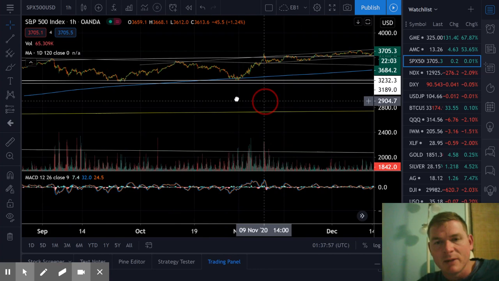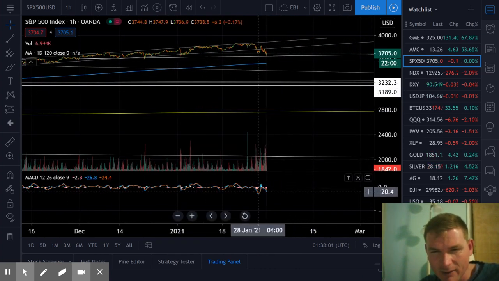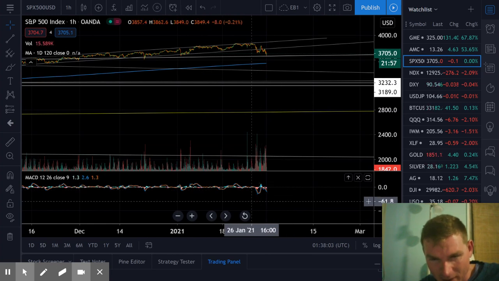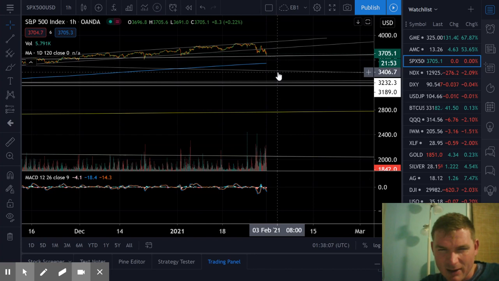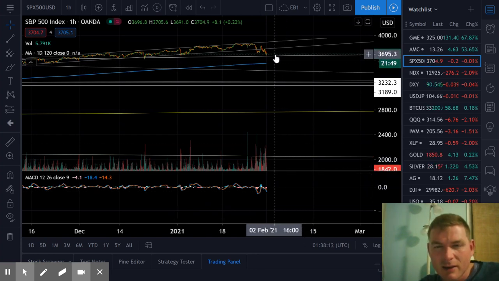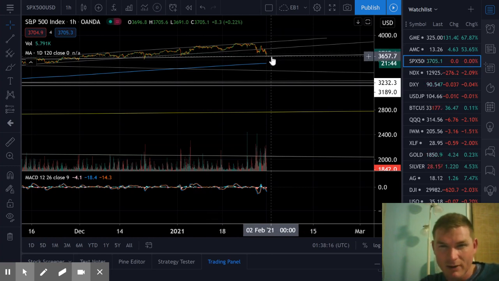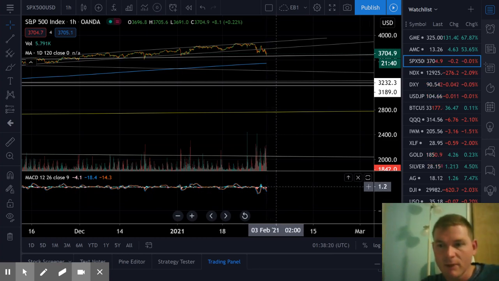Just for a look at how to read the momentum and where we are: we have gone bearish and stayed bearish, and it's diverging on the bearish side. That makes me expect more of a down move, and it would probably not stop and reverse until you get back to around the zero line.